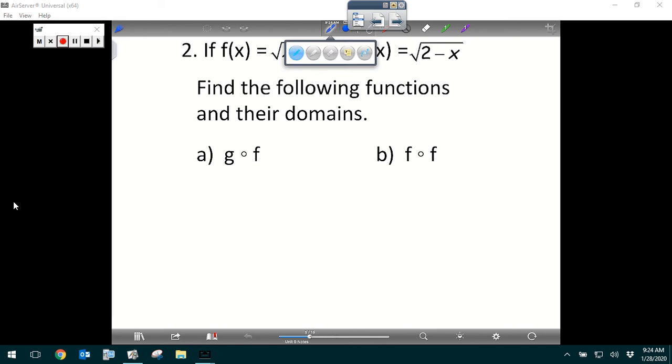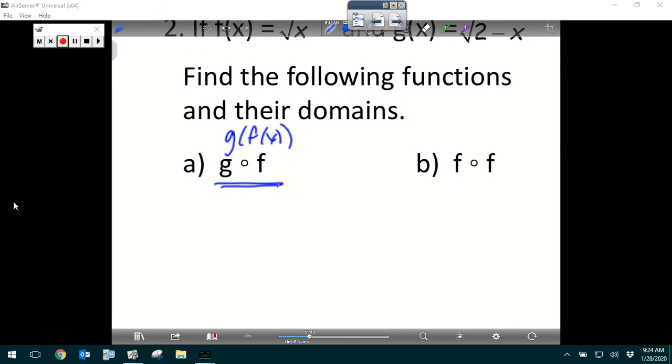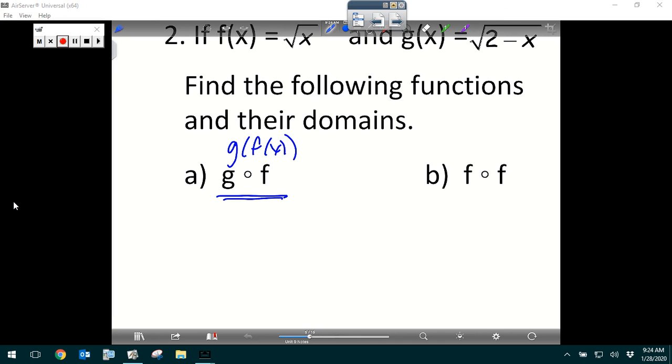So the first thing they want us to do is g of f of x. Okay, that's clear. That means I'm going to insert f of x inside of g of x. So let's do that. I've got the square root of x, that's f of x, so I'm going to insert in place of this x.